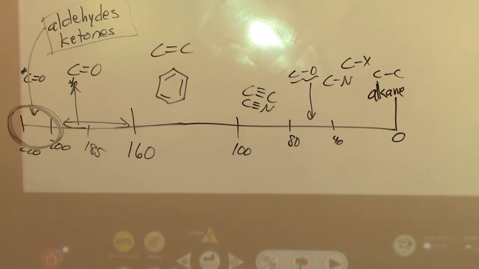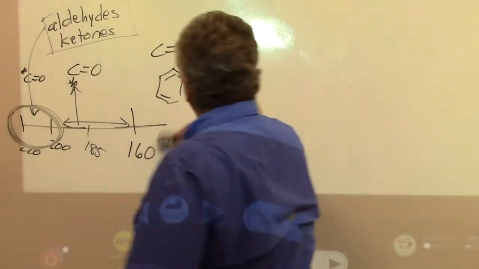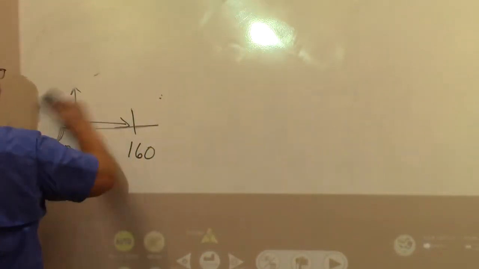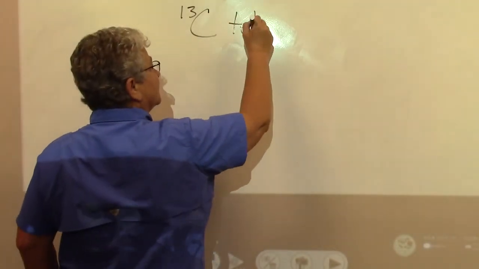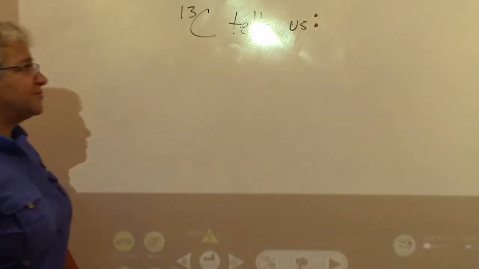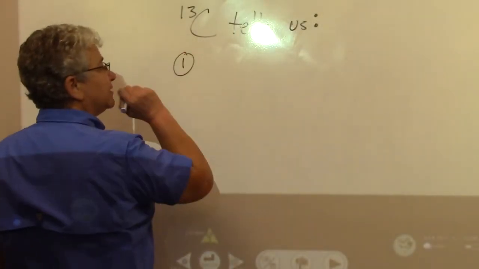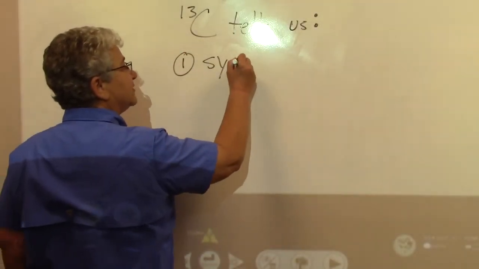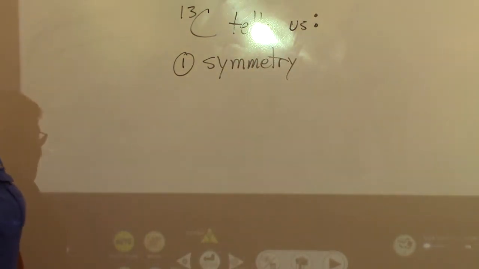So, in summary, let's say what C13 can tell us. C13 spectra tell us, one, about symmetry. Count the number of carbons in your spectrum.